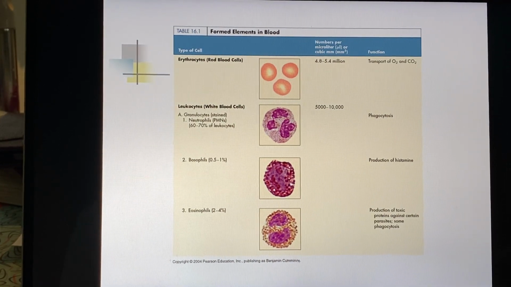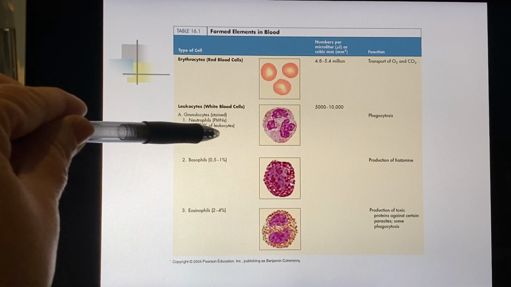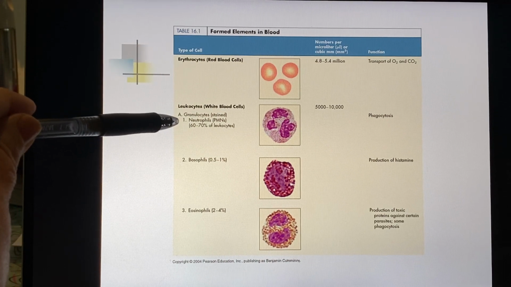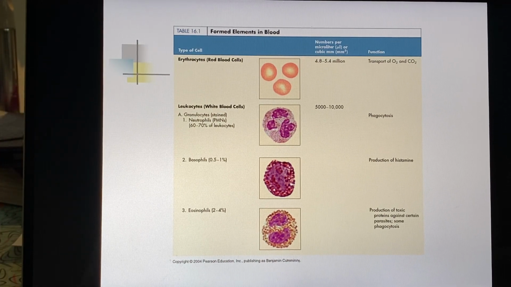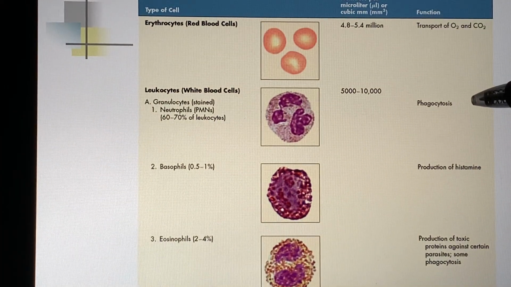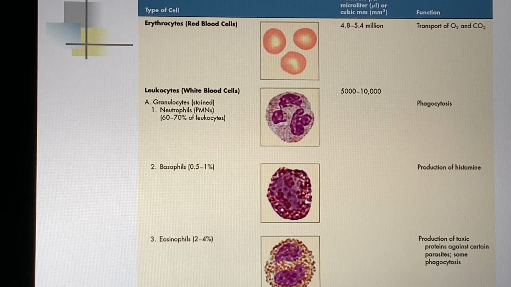So anyway, the majority of your granulocytes and really white blood cells are going to be neutrophils. And the whole purpose of neutrophils is phagocytosis. So what these guys are going to do is when they get a signal, they are going to go to the site of the infection.